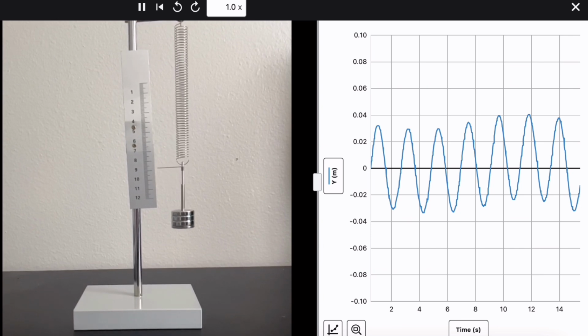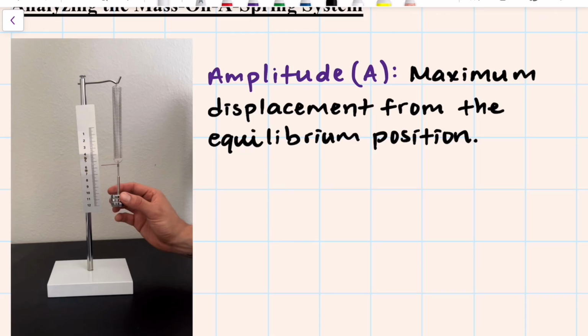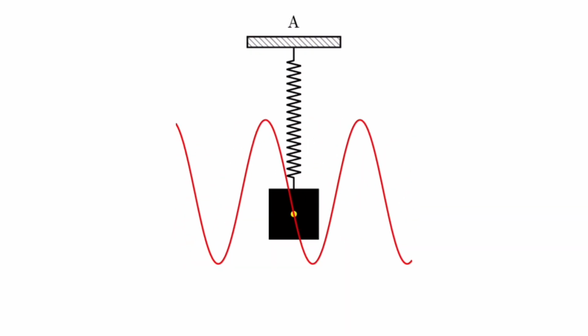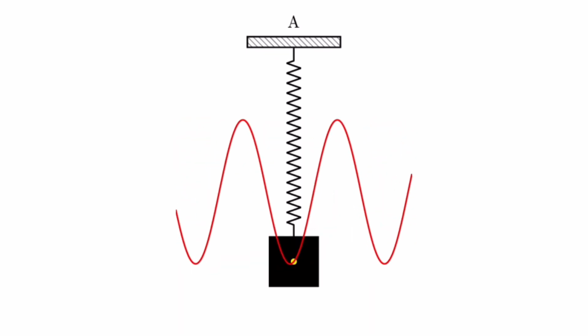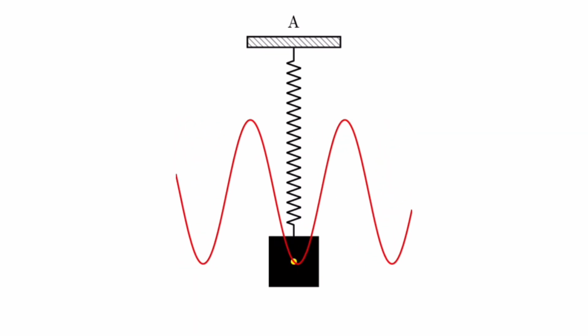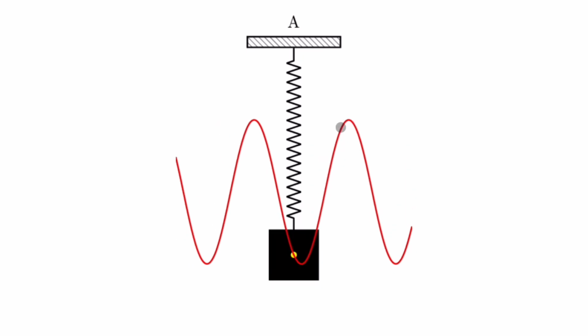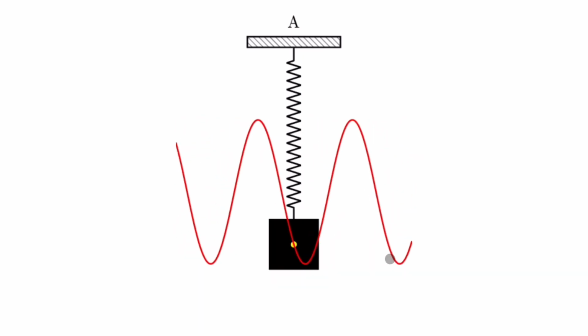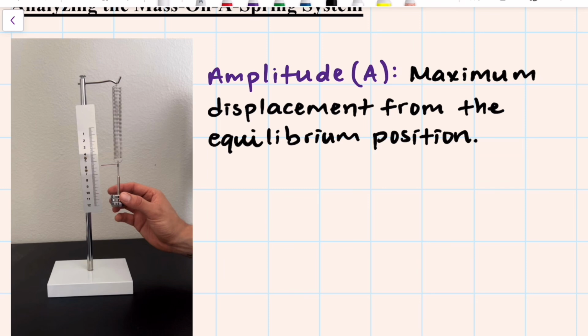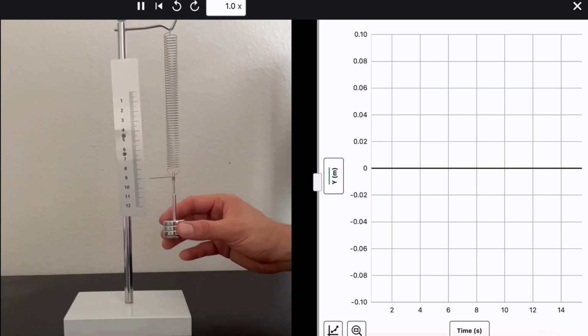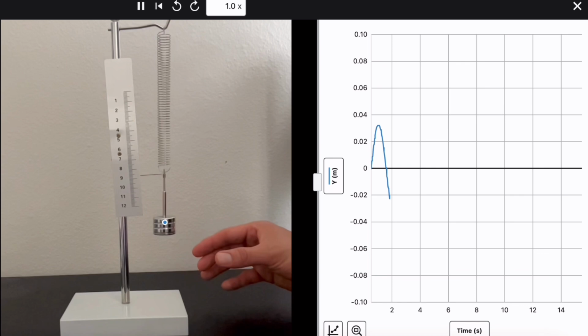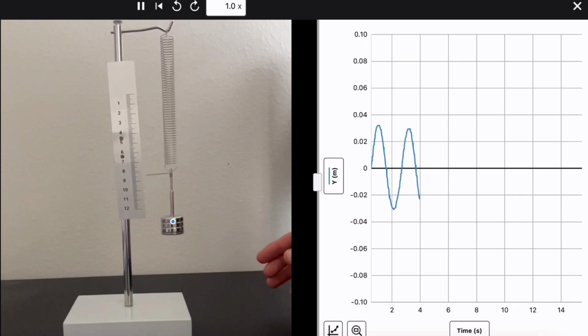So amplitude is usually a term used in waves, the amplitude of a wave, and a mass on a spring shows oscillatory motion, and then if we trace that, we can have a wave. So waves and simple harmonic motion are connected, although we're not going to study that today. And then you saw it when I graphed the motion, right? You saw a wave. And this wave is a very special one.